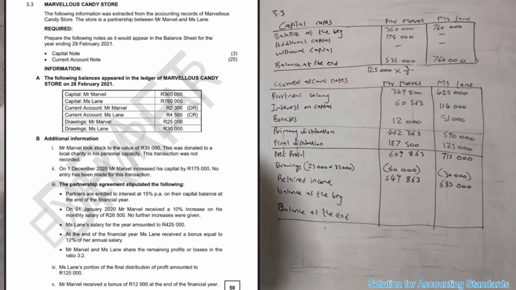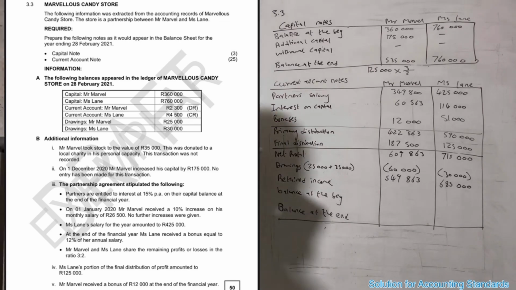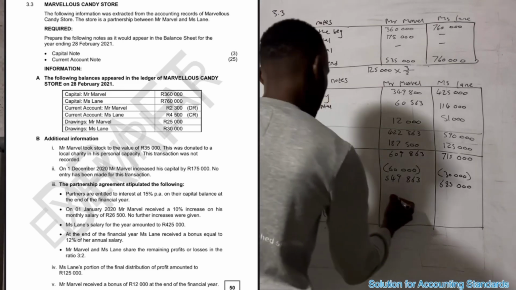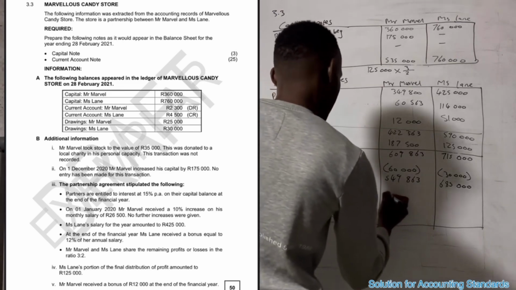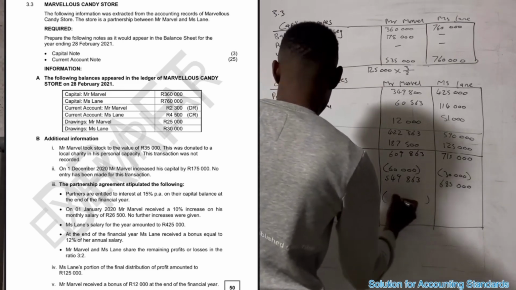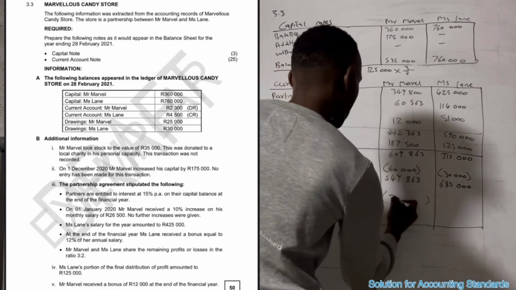Okay, the balance at the beginning is given. They said for Marvel it is debit, and you know that debit under equity is a minus, which means that it's negative. The balance at the beginning is negative 2,300.